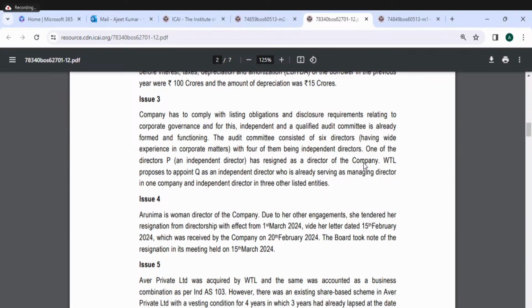First of all, there is a need to appoint another person because I am in need of one more independent director. Supposedly, the company says that I am appointing anyone. That would not suffice my purpose. My purpose would be sufficed only when I appoint an independent director. So let's read the next line.